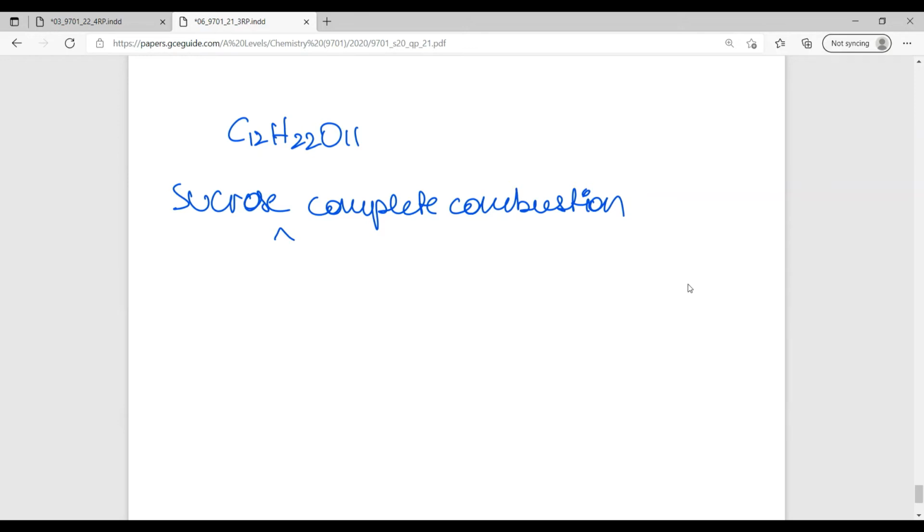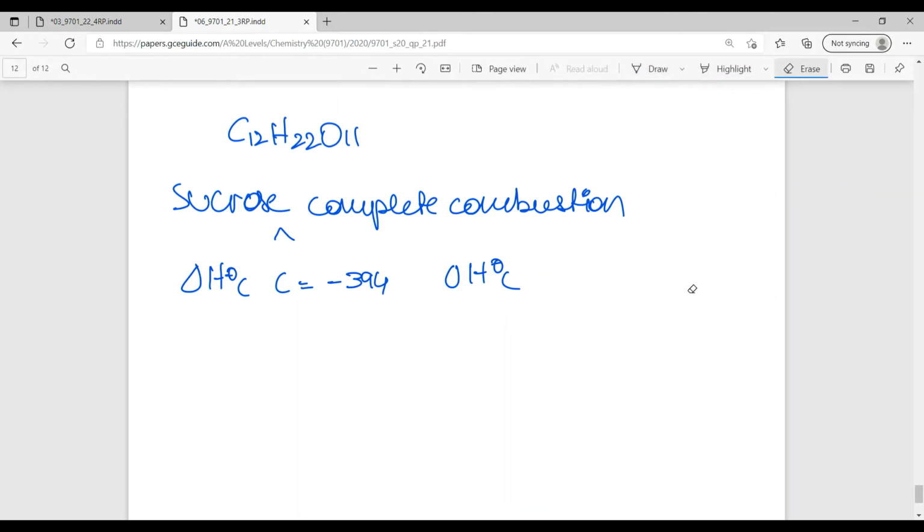So complete combustion of sucrose, and the standard enthalpy change of combustion of carbon is minus 394, and the standard enthalpy change of combustion of H2 is minus 286, and the standard enthalpy change of combustion of sucrose is minus 5640, all units in kJ mol^-1.